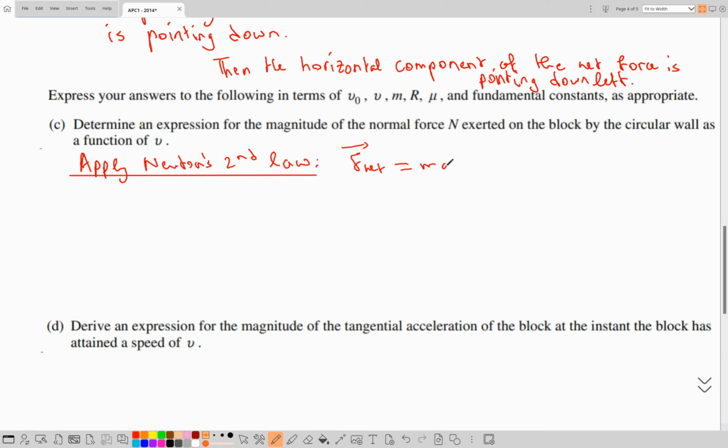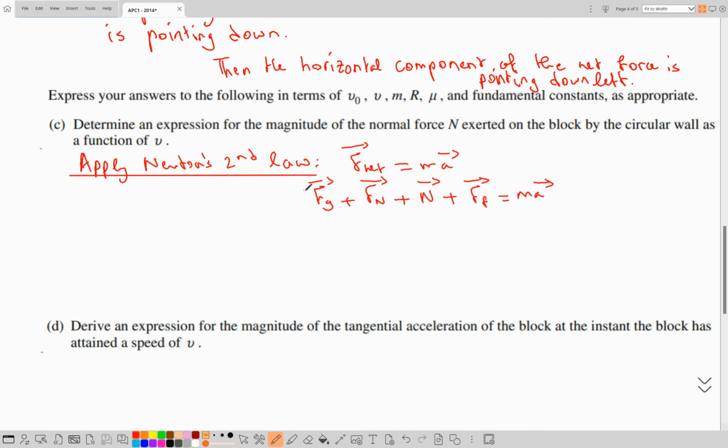So the sum of forces would be ma. Now, what are the forces? Basically, all the forces acting on the block. We have the pull of gravity, the normal push due to the table, the normal push due to the circular wall, and the friction also due to the circular wall, equal to ma.